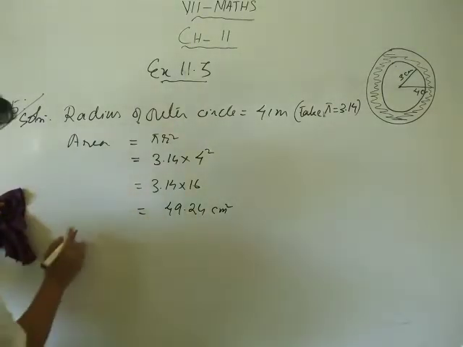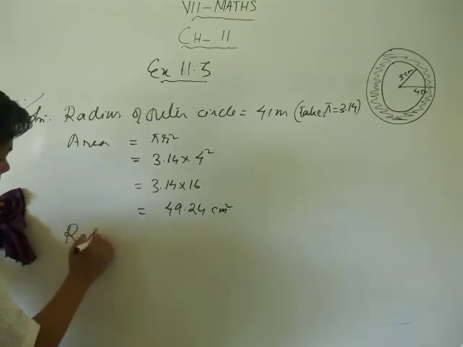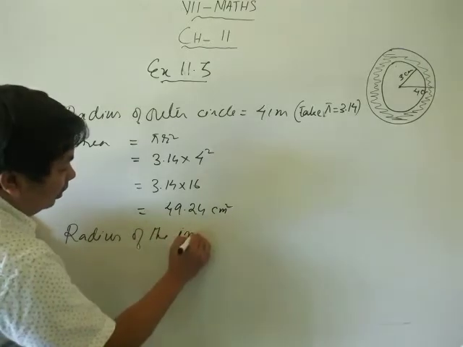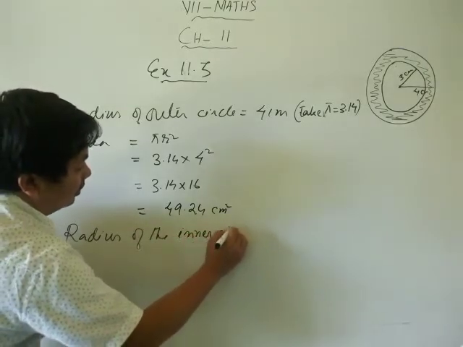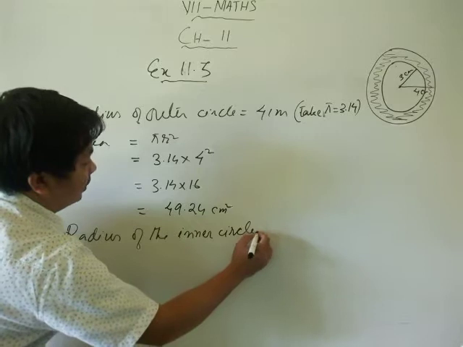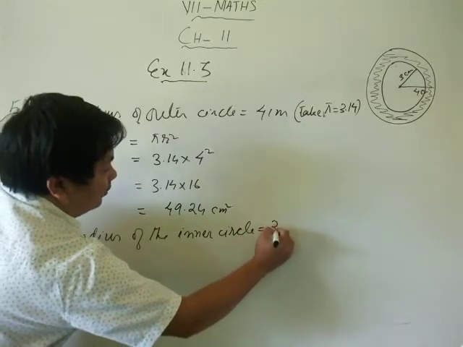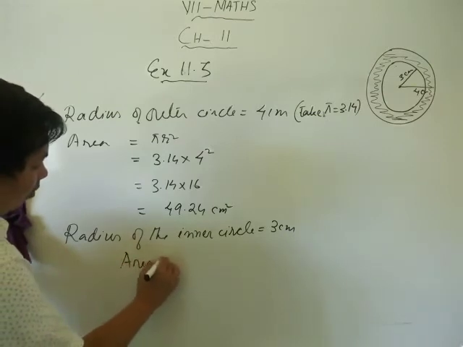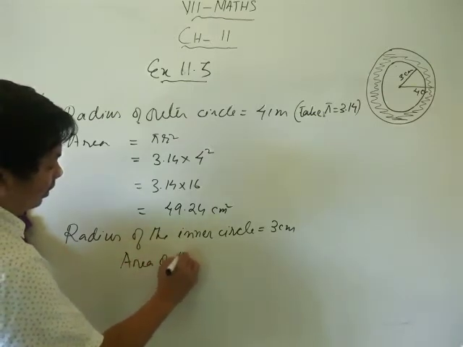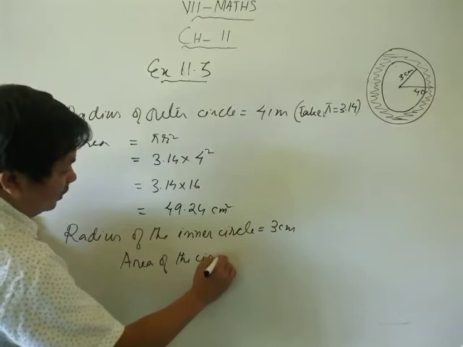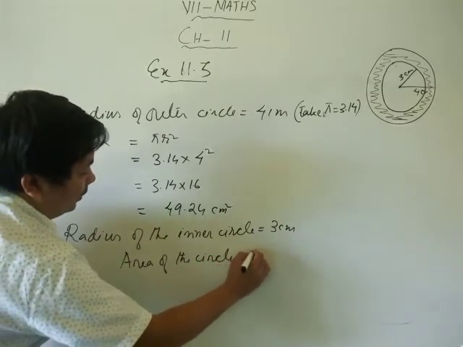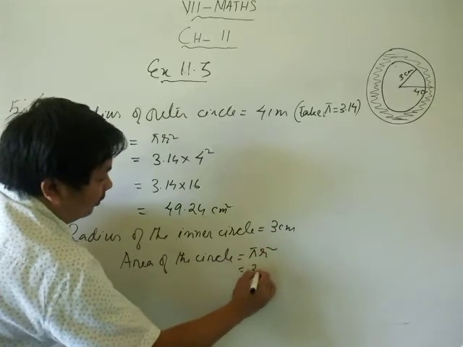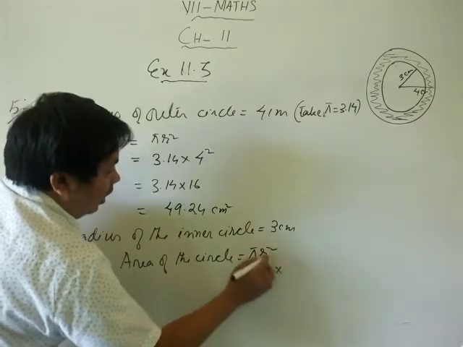Now again the radius of the inner circle. How much is that? It is 3 centimeter. The area of the inner circle, that means pi r square. That means 3.14 into r, how much? 3.